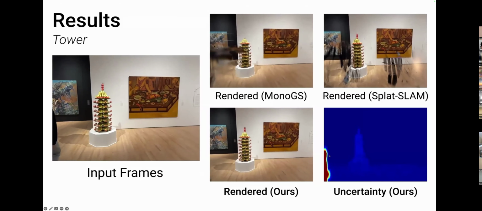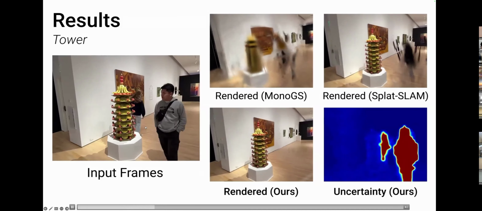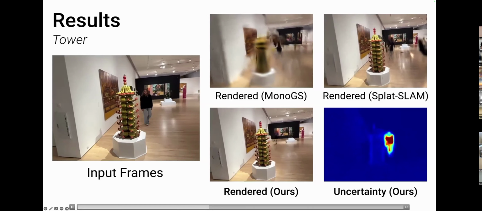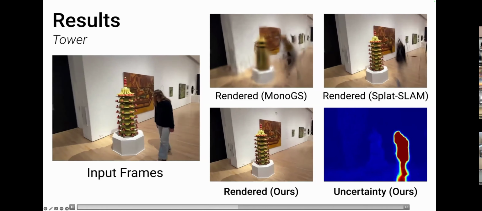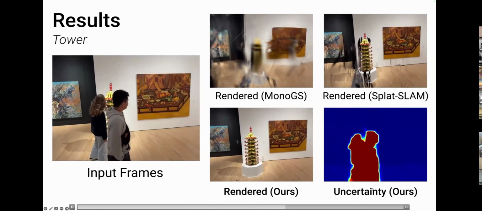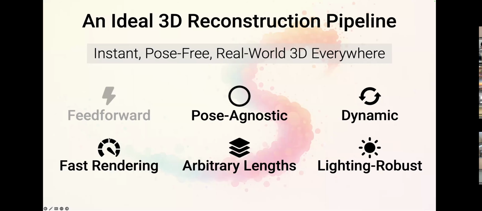Here's a real world scenario. That's the input frame, where we have people that walk around in the museum. Again, compared to these two baselines, it's significantly better, and our estimated uncertainty is modeling very properly. So with this part we have basically already got most of the way towards this ideal 3D reconstruction pipeline.